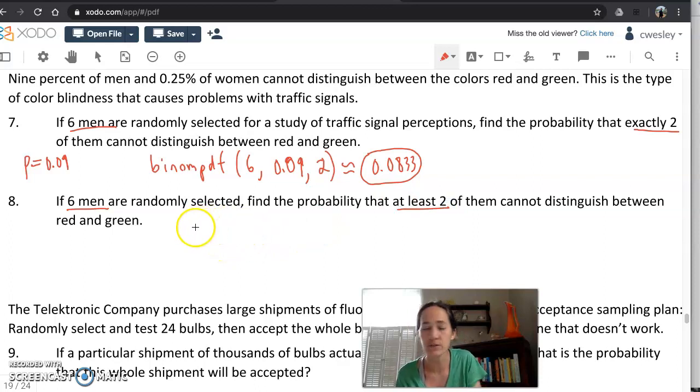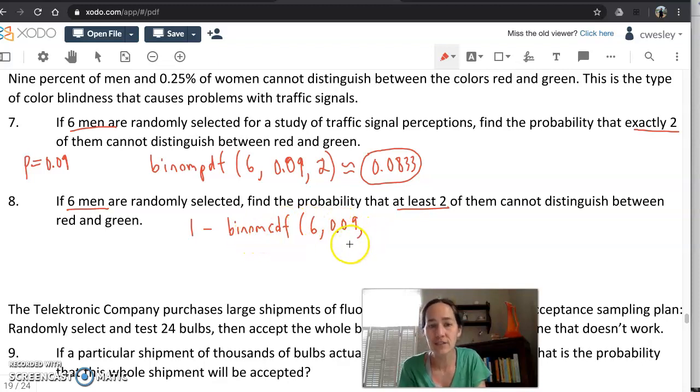So one way to do this would be 1 minus binomial cumulative distribution function, CDF, still 6 men, still a 0.09 chance that they are colorblind. At least 2, right, would be 2 or 3 or 4 or 5 or 6.